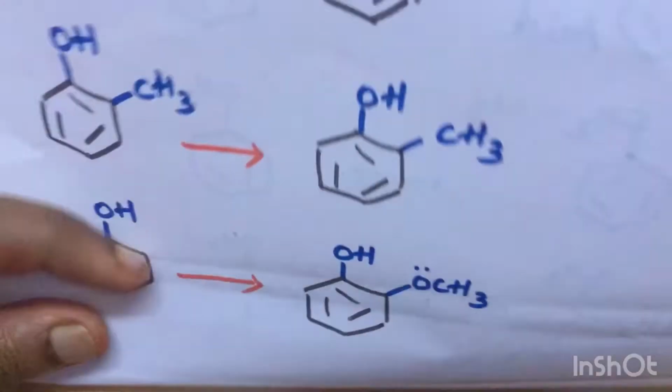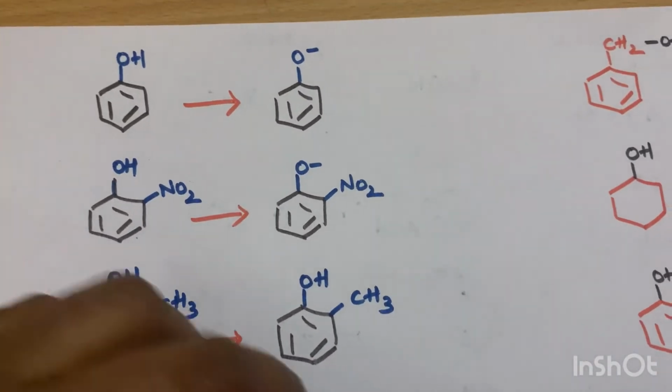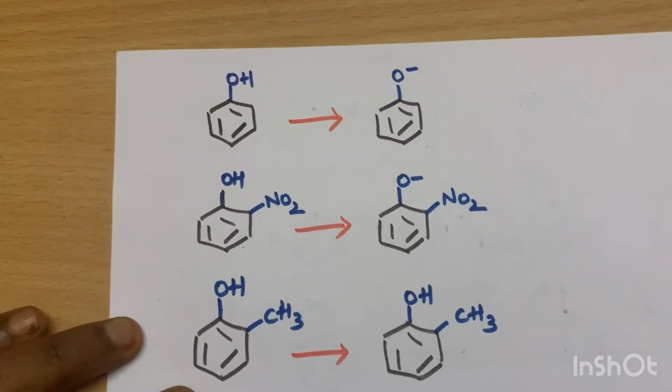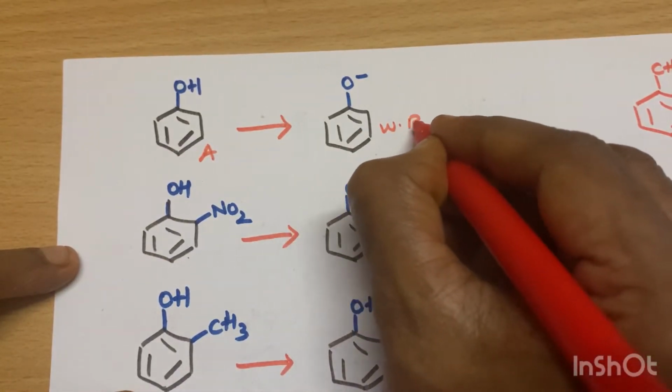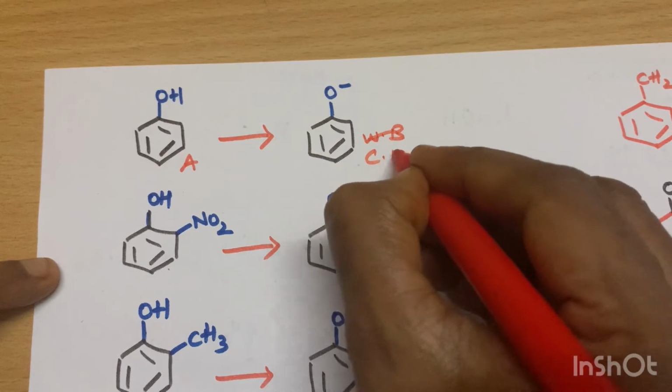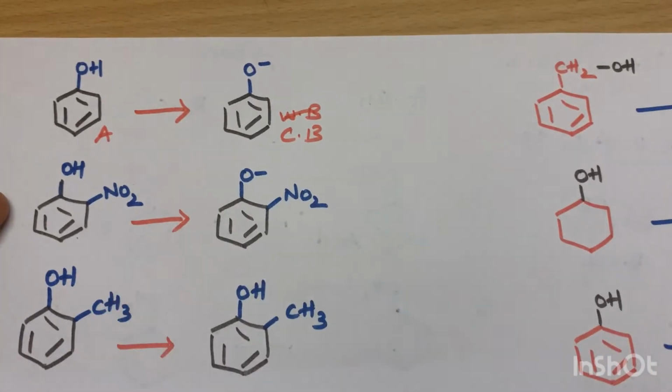So here phenol is less acidic than, so we have to compare the basicity of the conjugate base, that's all. So this is the acid and this will be the corresponding conjugate base. All these are conjugate bases. So let's compare.